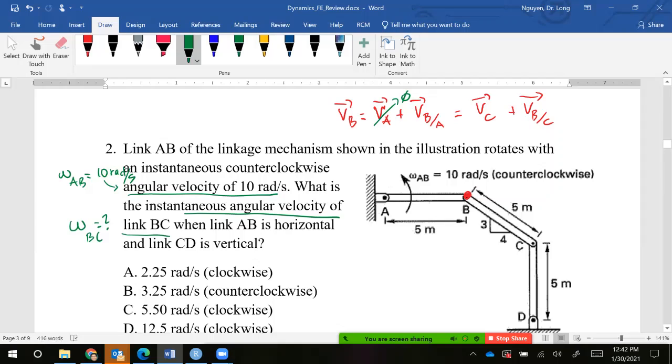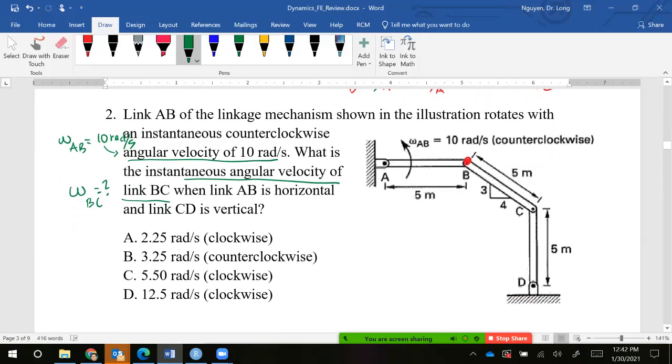I use the ICZV method, instantaneous center of zero velocity. So that is another method, and it's faster, I believe, but it needs some geometry. So let's do that. With that, we classify the motion in this case. AB, you can see, rotates about a fixed axis through A, so AB is Rafa.